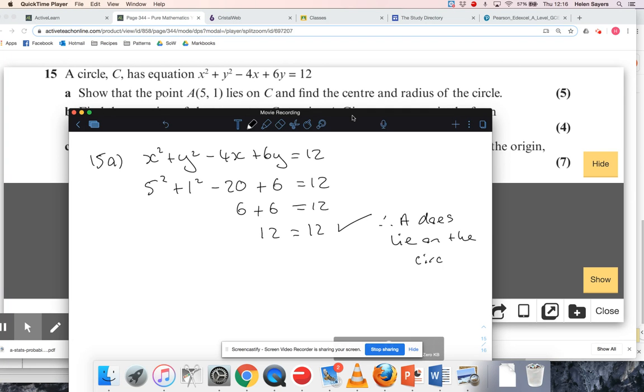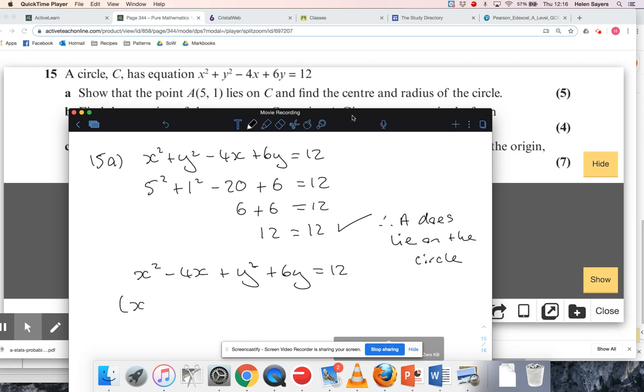Okay, so that was really just a bit of a warm-up question, I think. Then they want the centre and radius of the circle, so that's a very common thing for us to be asked for. First thing I'm going to do is rearrange the order. I'm going to bring the x squared and the x term together, the y squared and the y term together. I'm not really bothered about the 12.